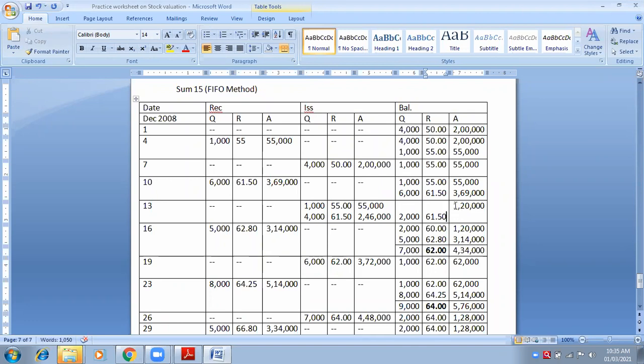Very good. So what will be the amount? 2,000 into 61.50 is 1,23,000. Is it correct? Yes, ma'am. Did you understand how we need to issue into two parts?